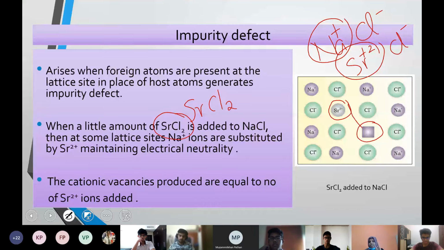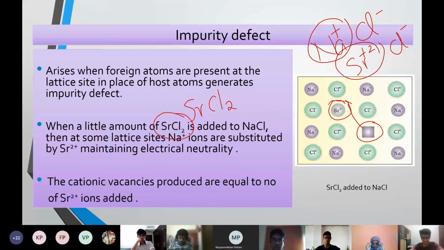Out of the 2 vacancies, in one of the vacant places, Sr2 plus ions are occupied. The box means it's empty.